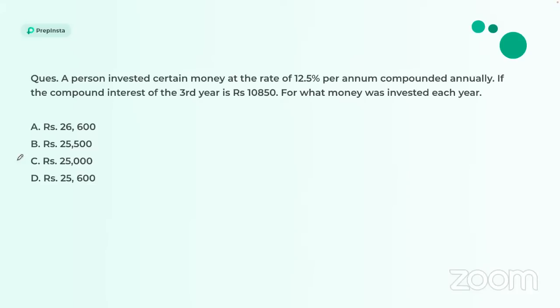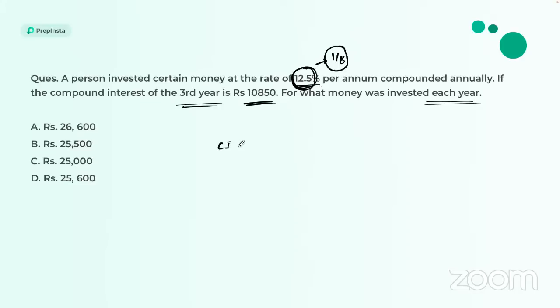How to do these problems. A person invested some money at 12.5% per annum compounded annually. Guys, just look here. 12.5 is nothing but 1 by 8 as a fraction, right? If the compound interest for 3 years is 10,850 rupees, what was the money invested?